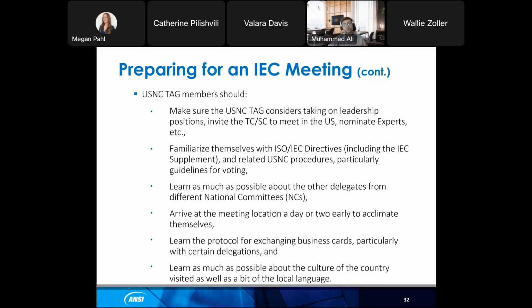So make sure that you are familiar with both the US version as well as the international version and the guidelines for voting. Learn as much as possible before the meeting about the delegates that will be attending the meeting. That will help you to establish your plan for collaborating and coordinating on relevant agenda items, where you will have to ensure that your position gets heard.